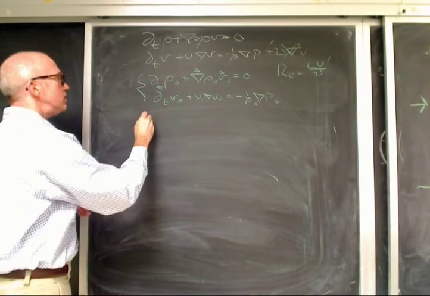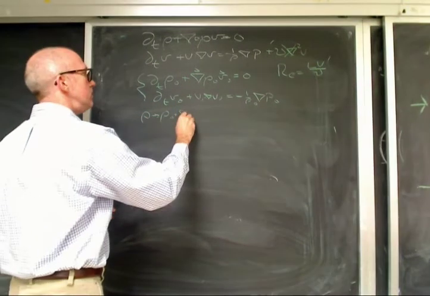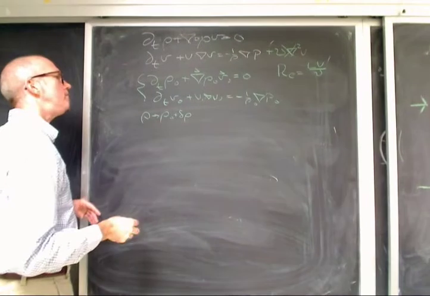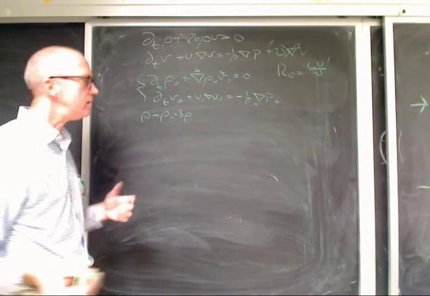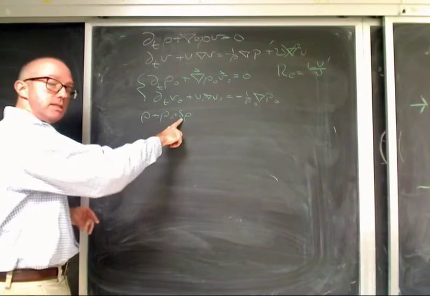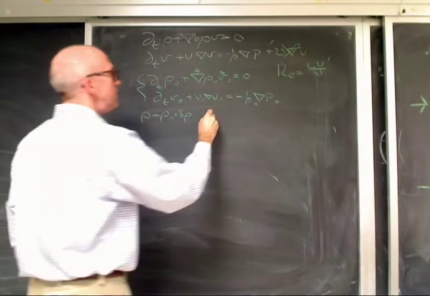So the next thing we're going to do is we're going to send rho goes to rho naught plus delta rho. I'm going to use delta rho this time, which is a super common notation. Delta just means little, and so if you get 2 deltas, that means really little, and you can throw it out.